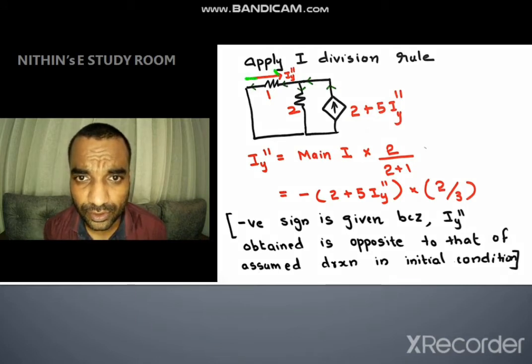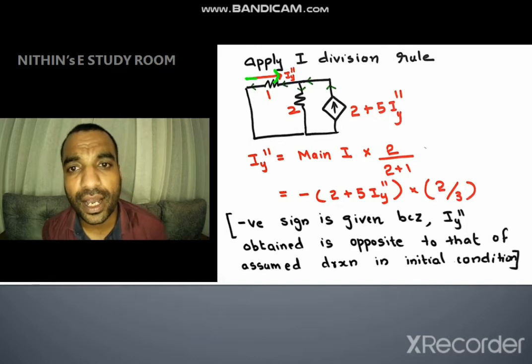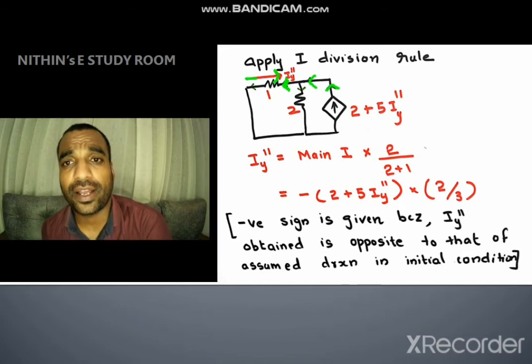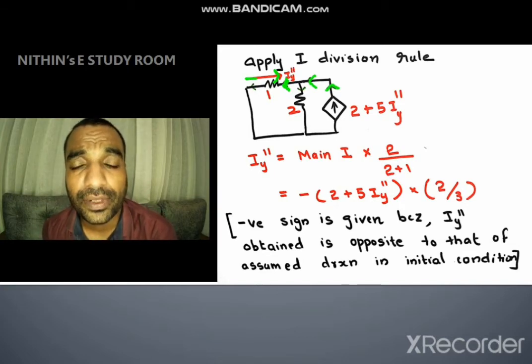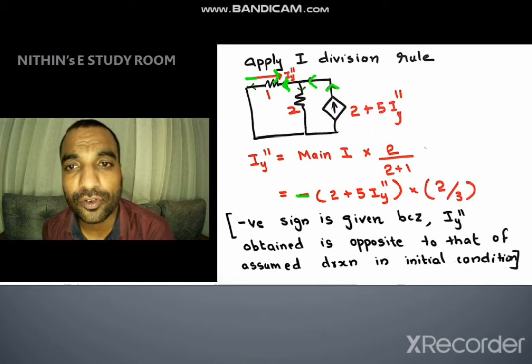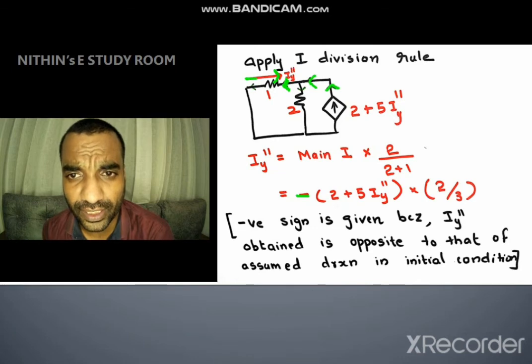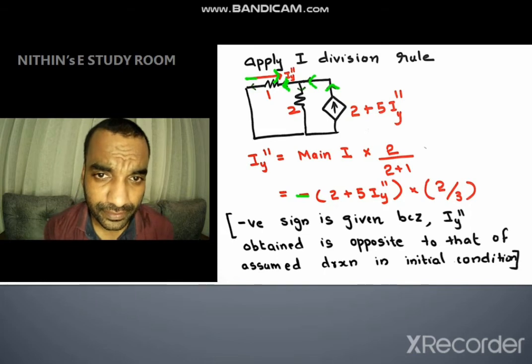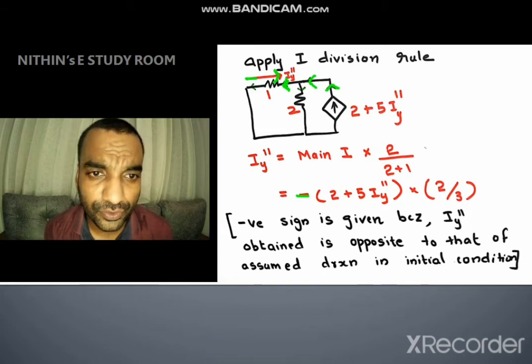Now you will get a current that is just opposite to Iy, because this current is coming in this direction. So the actual direction of Iy is just opposite to the direction we took in the first case. So you have to take negative of the main current, negative of 2 plus 5 Iy double dash, into 2 by 3. Okay, so you have to solve it.